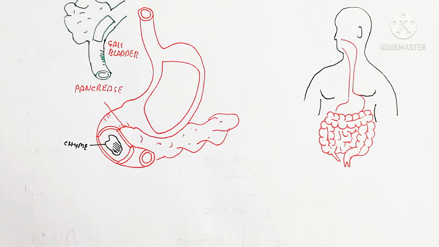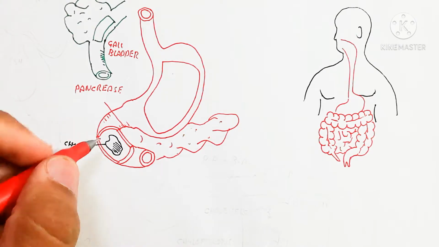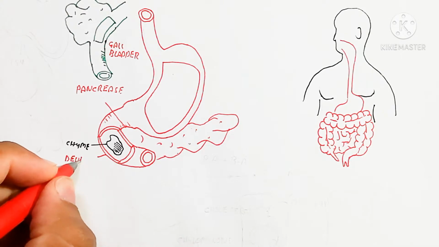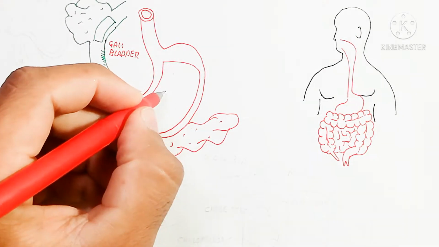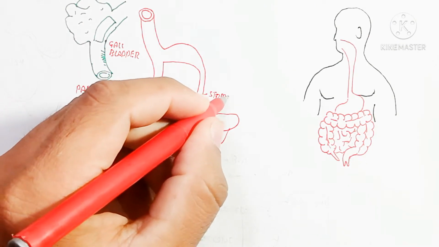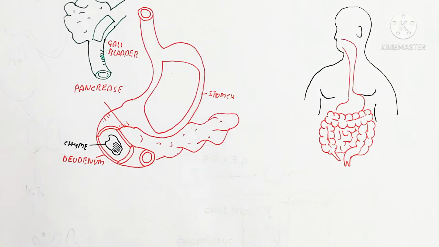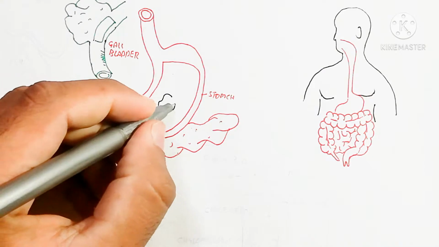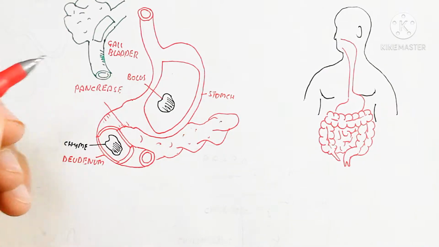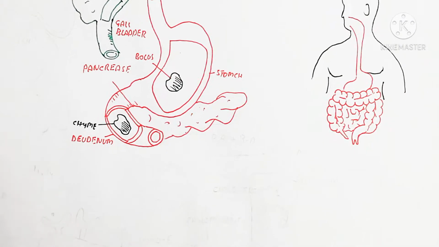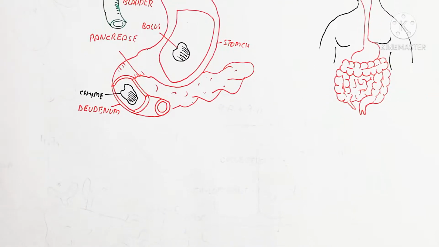Here is the gallbladder, which contains a bile duct, bile acid, bile pigment and cholic acid, and bile salt, which is used for the emulsification of fat. Emulsification means the formation of micelles.